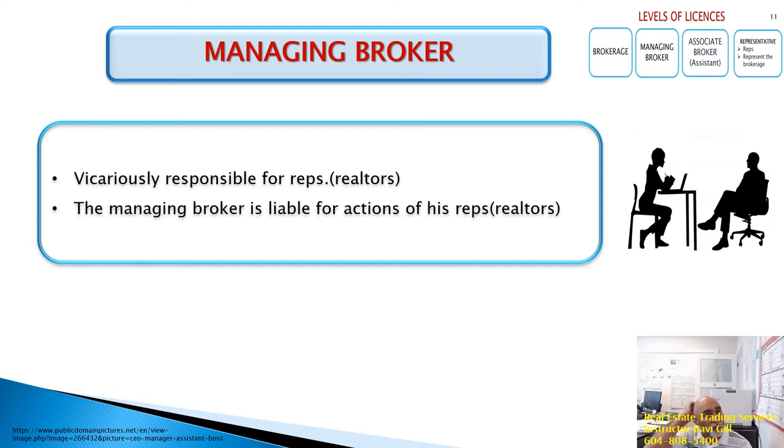Okay, managing broker is what's called vicariously responsible, liable for the reps. That means whatever the reps do, the manager is also responsible. Okay, manager could also be disciplined or investigated by the council without any approvals of any courts or at any time they can do investigation.